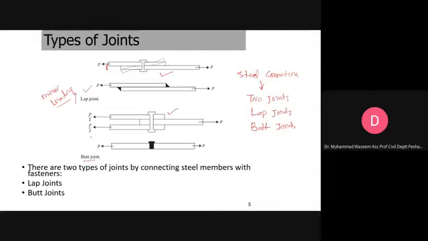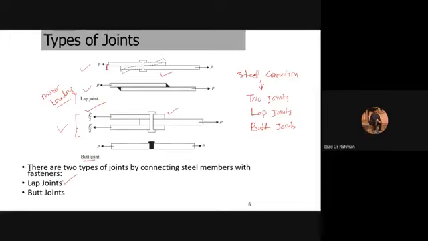So in a butt joint there is symmetrical loading, so you should always go for butt joints in your steel connections. Is that okay with you? In this one we have unsymmetrical loading. In this one we have symmetrical loading. So try to go for this connection. Is that clear to all of you?